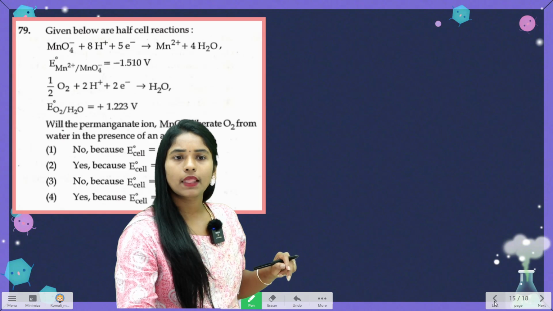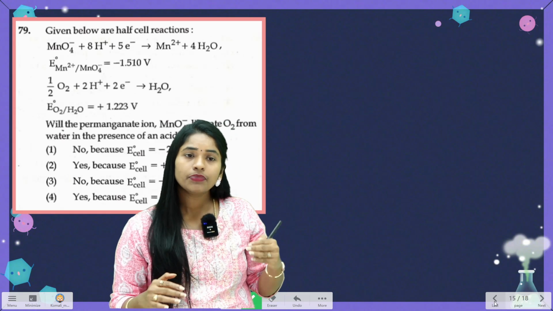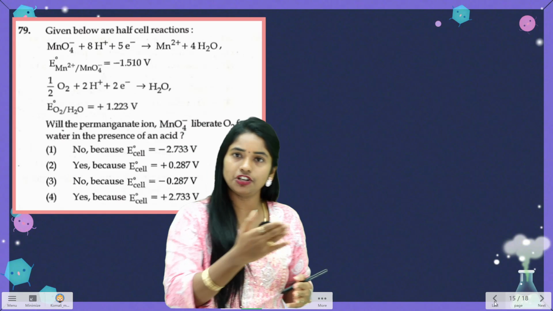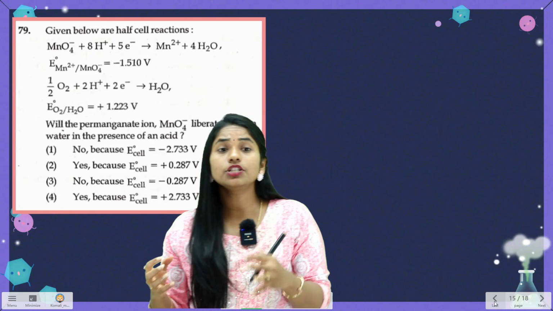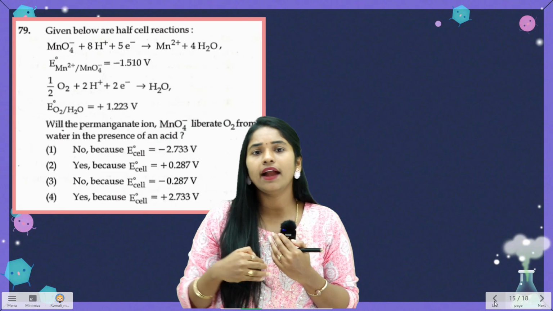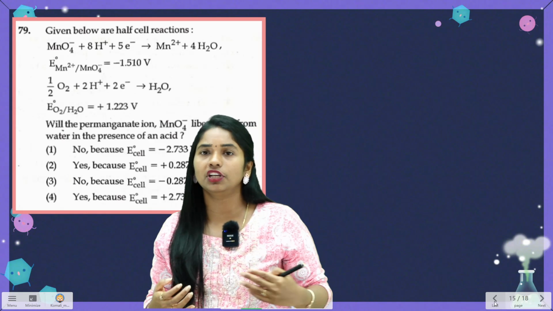from the electrochemistry chapter. Two reactions are given: permanganate ion in acidic medium, a reduction reaction is given, and O2 is undergoing reduction. Two reduction reactions they have given, and their reduction potentials are also given.